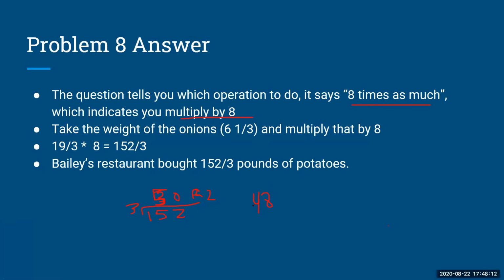You could put 2 more here because of the 8 over 3. If you divide this, it's 50 remainder 2. So this would be 50 and 2/3. Yeah, 50 and 2/3 pounds of potatoes. So it's either this number or this number.